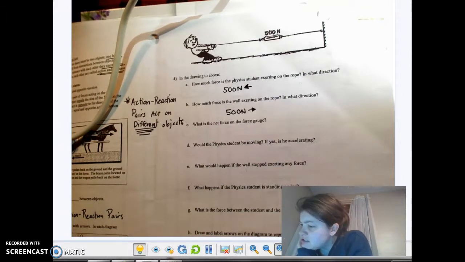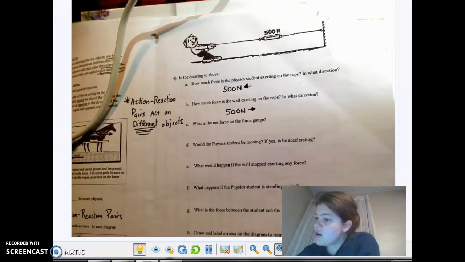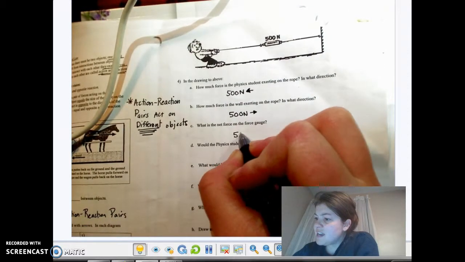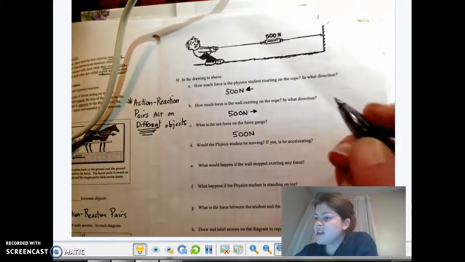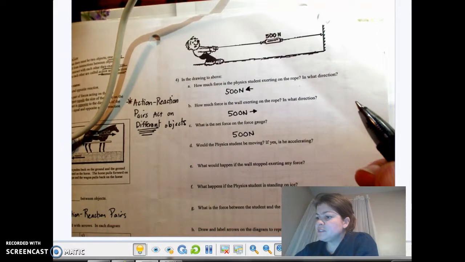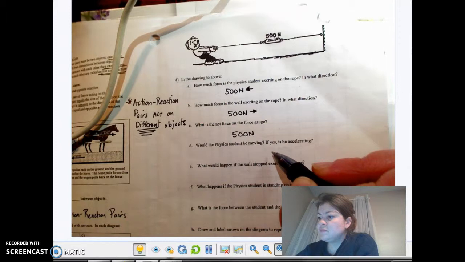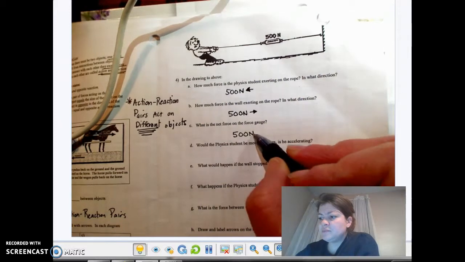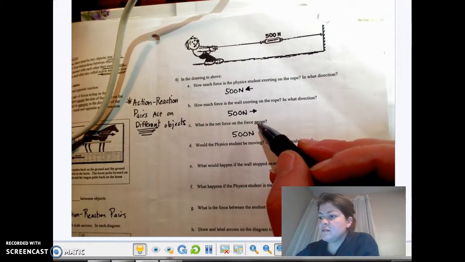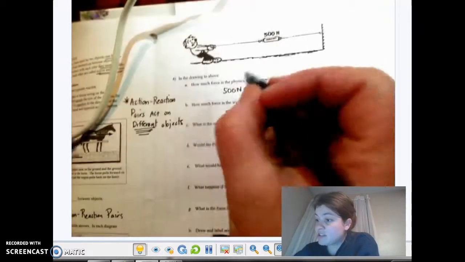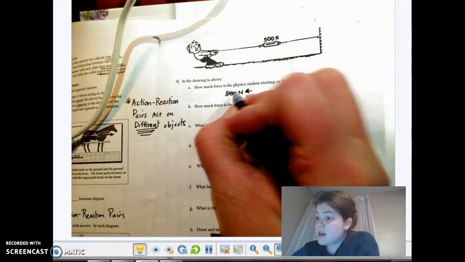How much force is the physics student exerting? So the net force on the force gauge is 500 newtons. Would the physics student be moving? Based on what we have here, actually, I am not telling the truth.